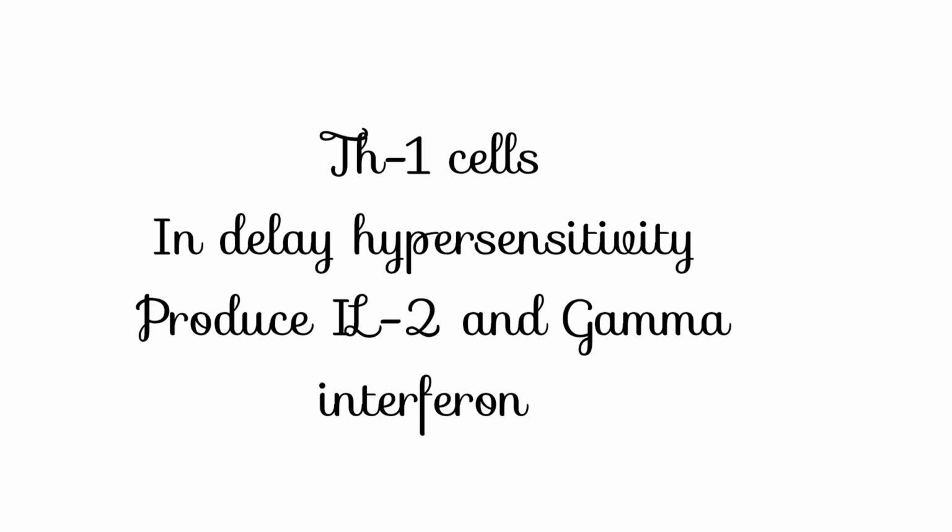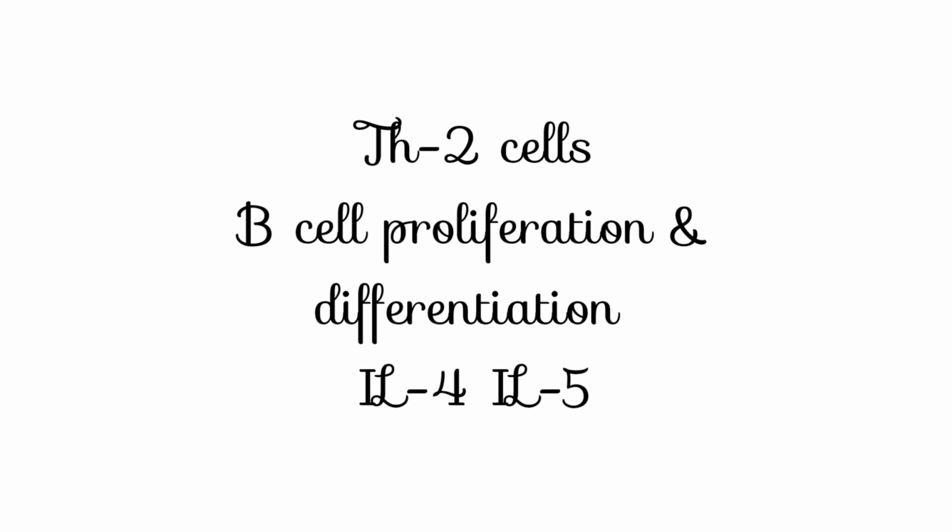So the Th1 cells are involved in the delayed hypersensitivity response. The Th2 cells perform the B cell helper function by producing primarily interleukin 4 and interleukin 5. So the Th1 cell is involved in the delayed hypersensitivity response, and the Th2 cell is involved in the activation and growth of the B cells.